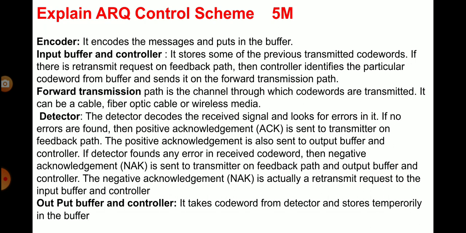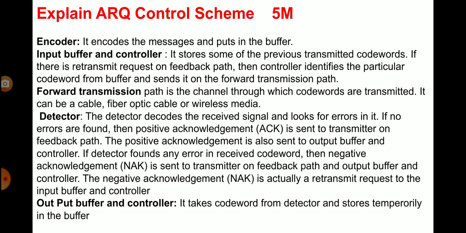Detector: the detector decodes the received signal and looks for errors in it. If no errors are found, then the positive acknowledgement ACK is sent to the transmitter on the feedback path. The positive acknowledgement is also sent to the output buffer and controller.